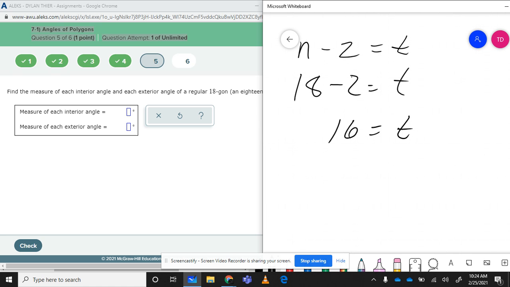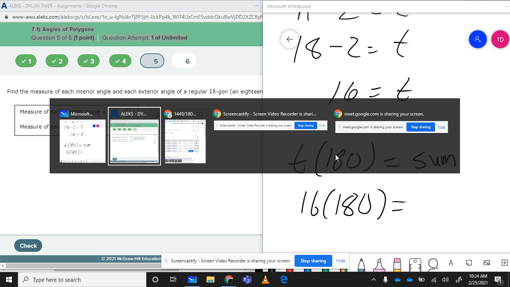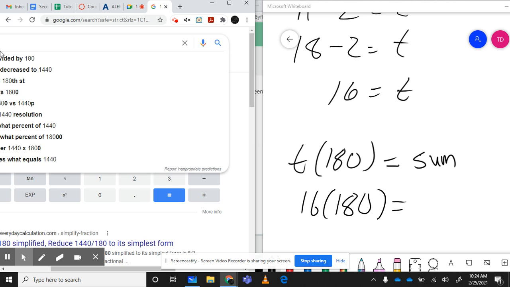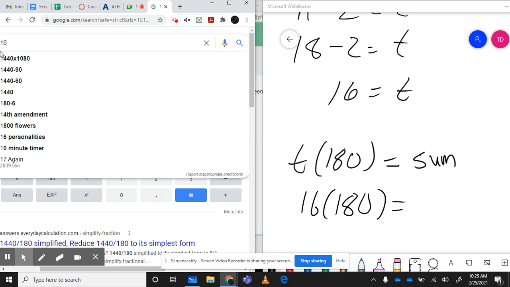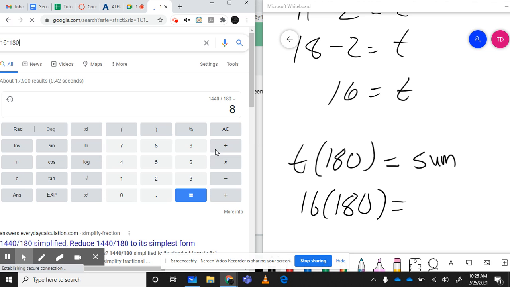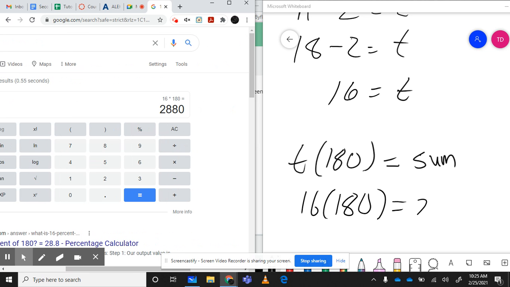If we make 16 triangles, then we should be able to multiply that number by 180 to get the sum of the angles. So we have 16 times 180 equaling 2880.